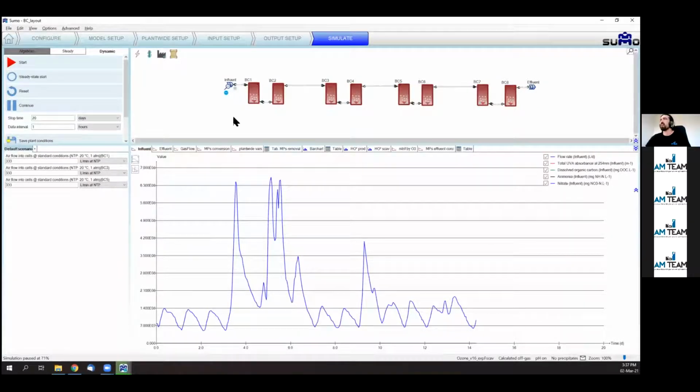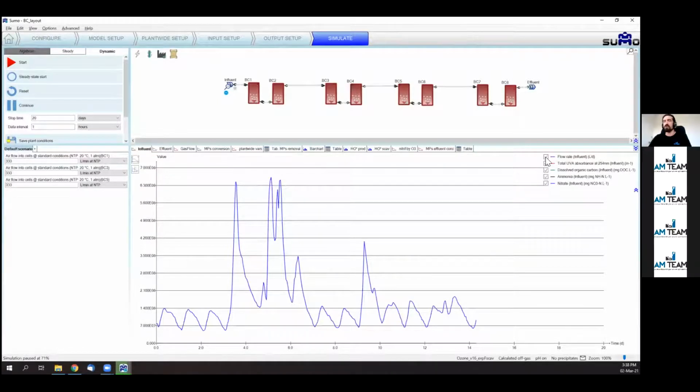So here you see the layout that Roberta just showed, and then here is a time data set of the influent with the flow rate, with the UVA as an indication of the organics, dissolved organic carbon, ammonia, and nitrate. Then the model also gets nitrite, alkalinity, and many other variables as an input. If they are not available in your case, don't worry, we deal with it. There is no problem. We can live with fewer variables.